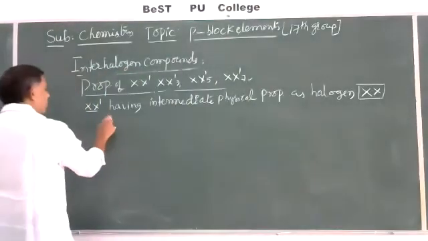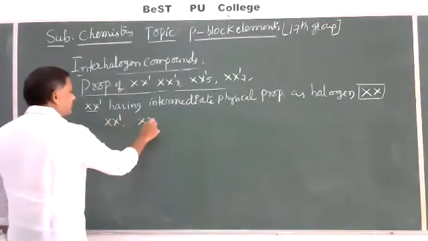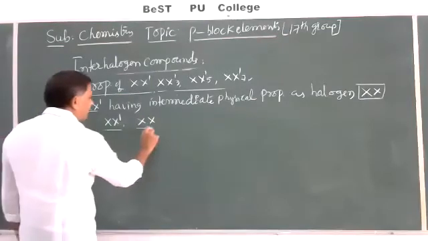Here X, X dash and X and X, these are the interhalogens and halogens.